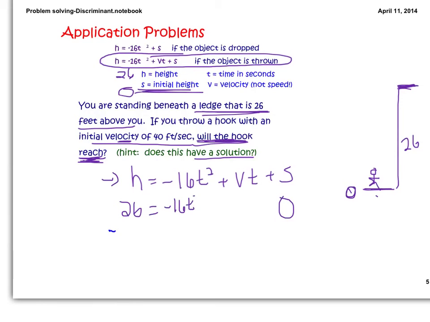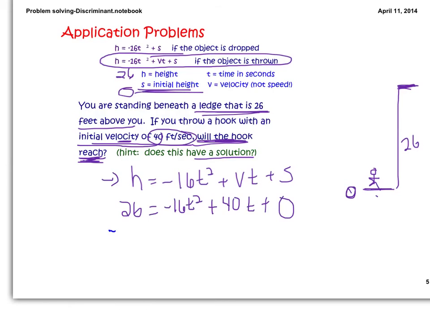The t, the time, is still our unknown. Now velocity, plus 0. Our velocity is 40 feet per second. And you have to decide, is it going to be a plus or a minus? Are we throwing it up or are we throwing it down? Since we are going up, it is going to be a positive velocity. So that is our equation.